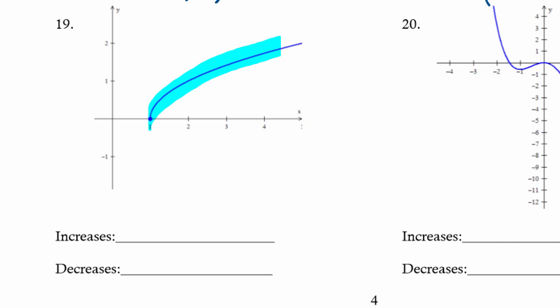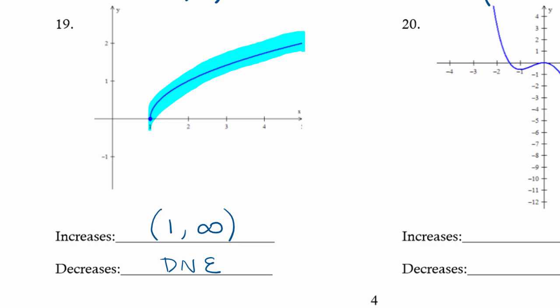As our x's get bigger, going towards the right, our y values are going up. So we have an always increasing function, and that starts at the domain value of 1. So we're going to write 1 to infinity for where the function increases, never decreases. So that's a DNE, does not exist. So it does not decrease.